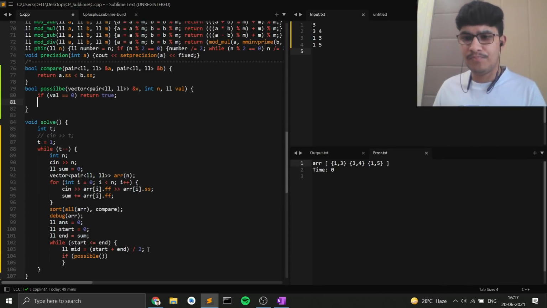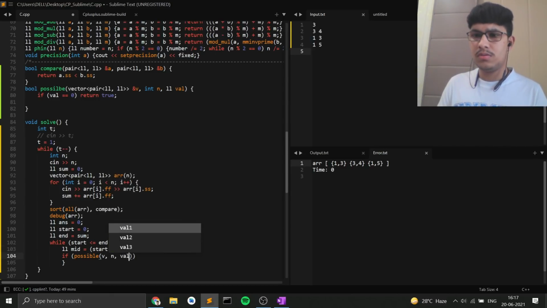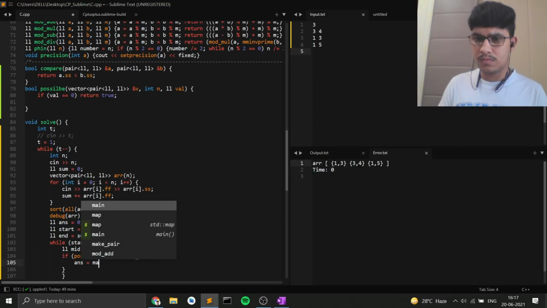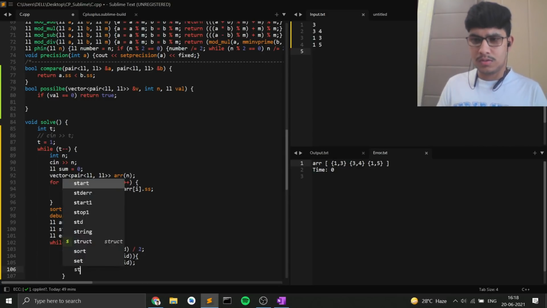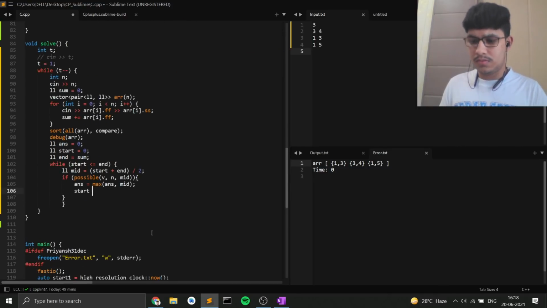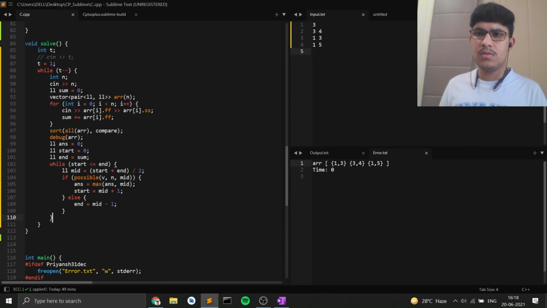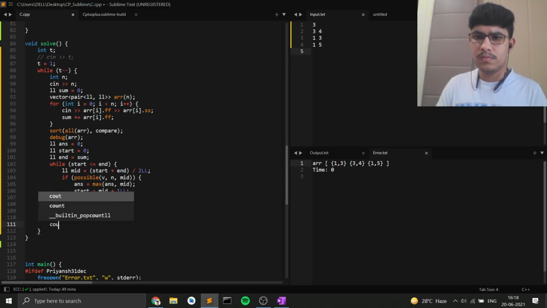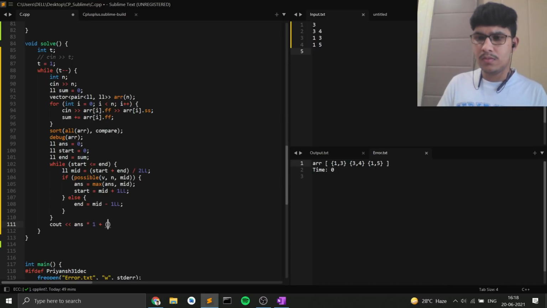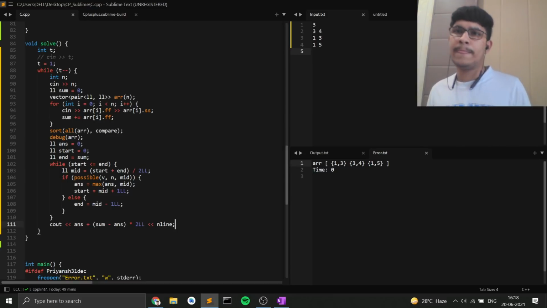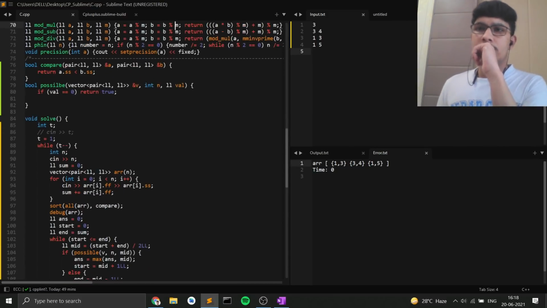So just to be safe, I am putting this. Cout answer plus sum minus answer into 2. Right, yeah. So here, how do I tackle this?